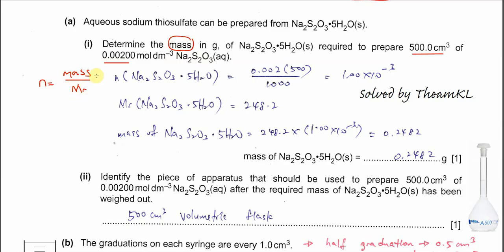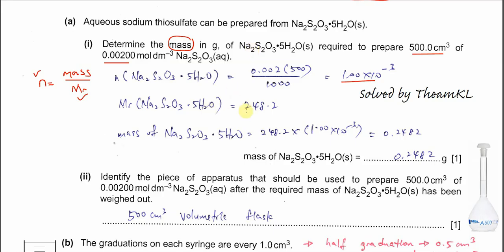So in order to get the mass, we need to get the mole and the molar mass first. The mole we can get from the solution's volume and its concentration. It's just MV over 1000. So 0.002 times 500 over 1000. So we get this mole. This is the mole of sodium thiosulfate that needs to be formed from this salt.